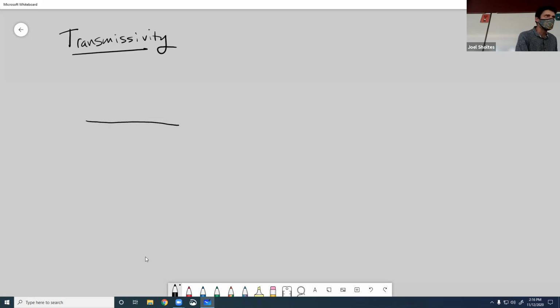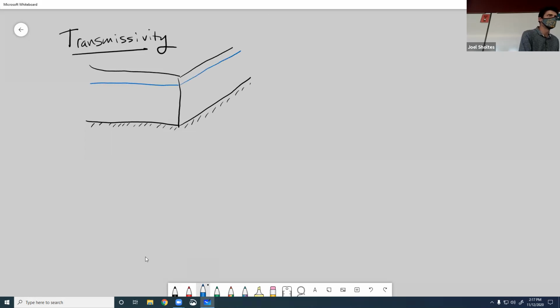And trust me, transmissivity is a piece of cake, but we'll look at a piece of cake. So this is the bottom of our aquifer. This would be like an aquitard bedrock, some impermeable layer. We have the water table in there. This is an unconfined aquifer, right? Let's actually put a bound here and give it an actual width.